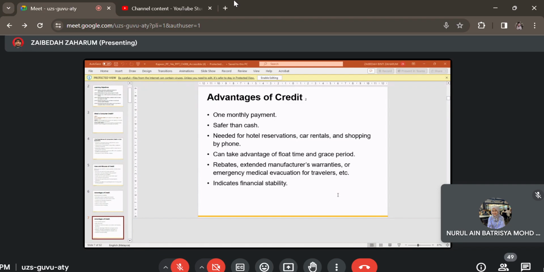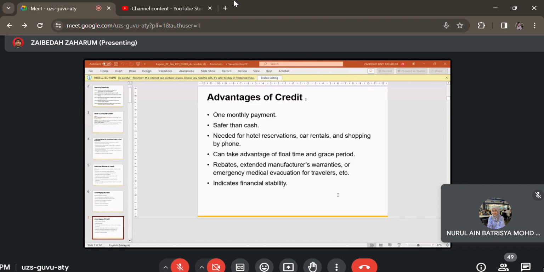Macam saya cakap tadi sebelum ni, many card issuer tadi, credit card issuer, dia akan offer fraud protection lah and zero liability policy. Okay, di mana nanti you boleh je dilindungi lah. Dia ada fraud protection lah.